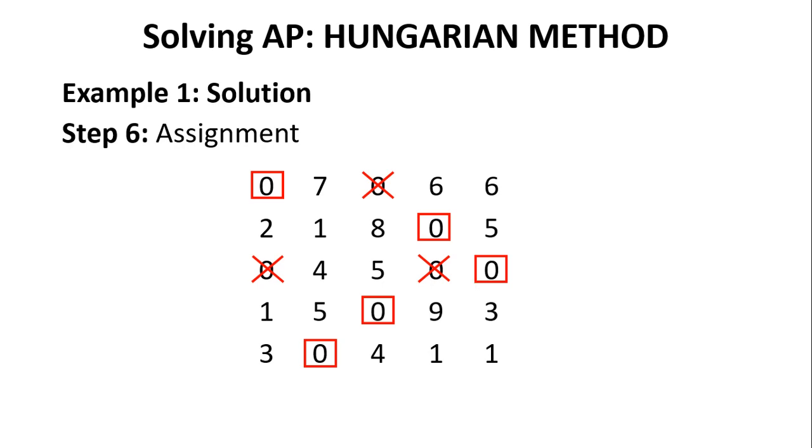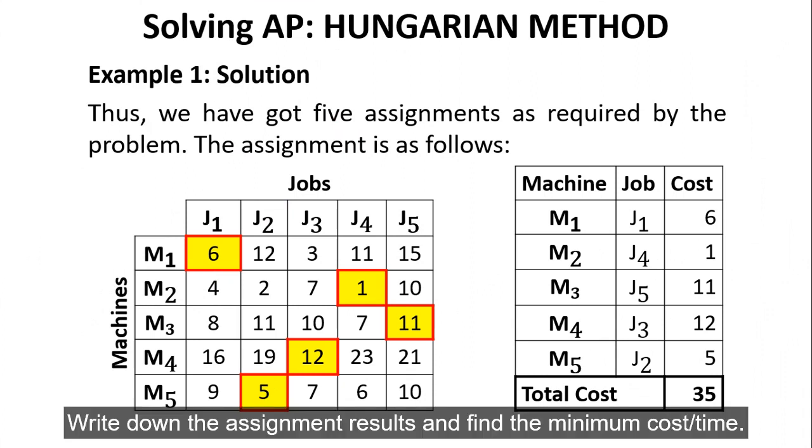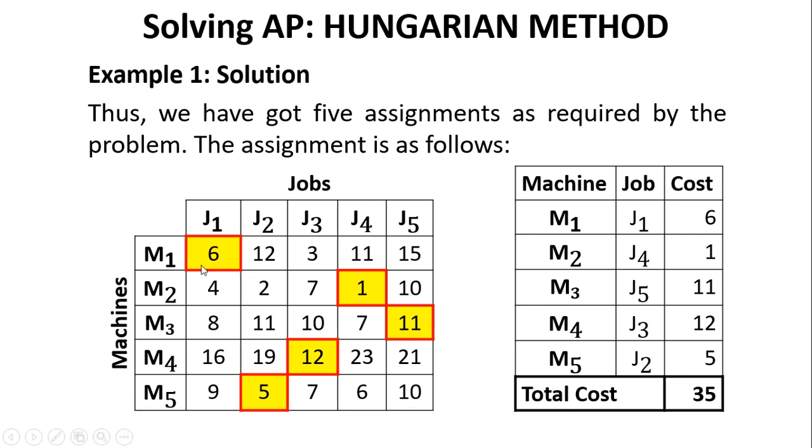Okay, after making these assignments, then we can summarize our results, and we have this summary. This is the mapping of the assignment to the original matrix, M1 to J1, M2 to J4, and M5 to J2. So we summarize the results of assignments in this table.